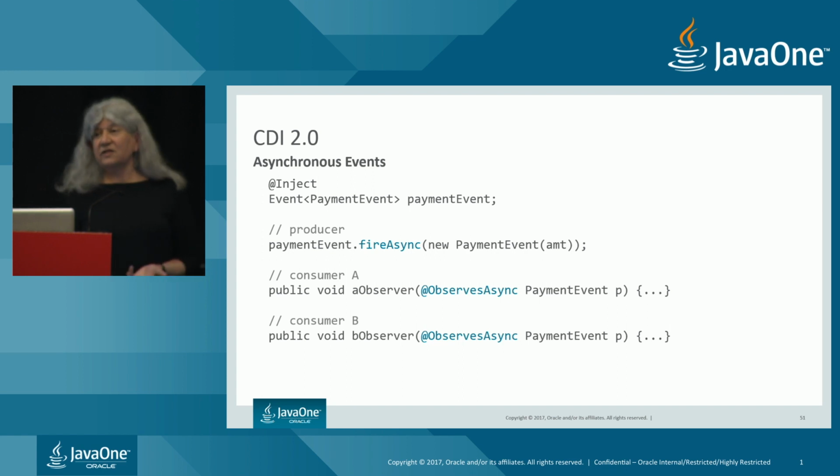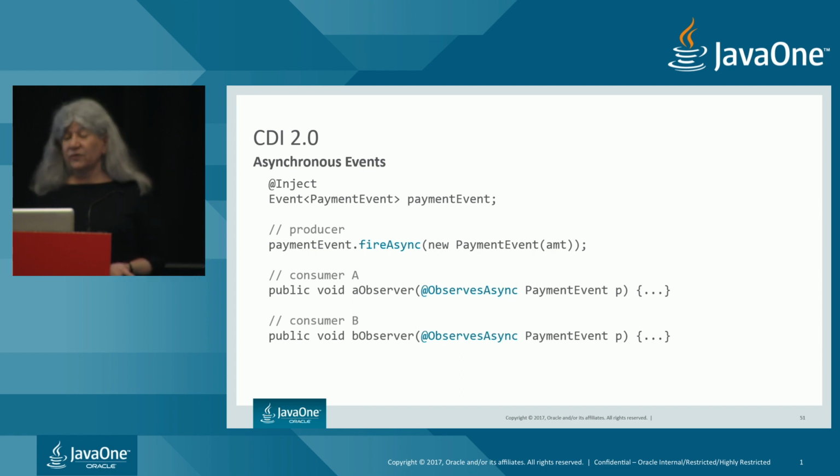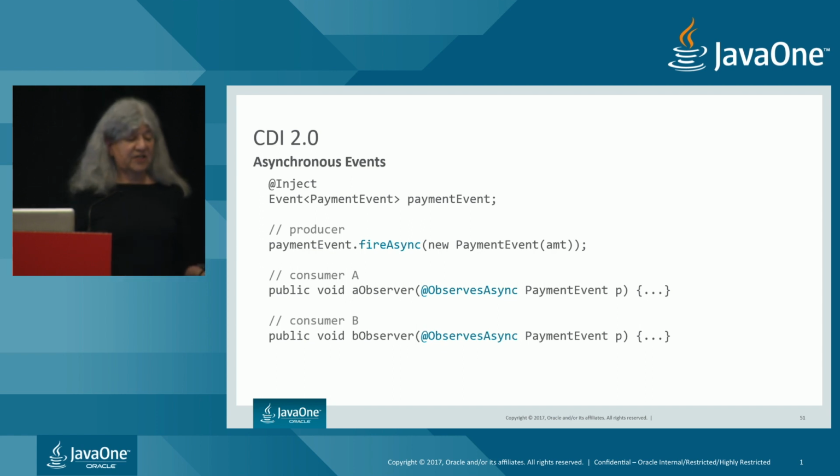And the way you designate those observer methods is with the observes async. So as you might expect, it would be non-portable to specify priority with async observers because of the nature of being async, you're not going to be able to order them in any deterministic way.